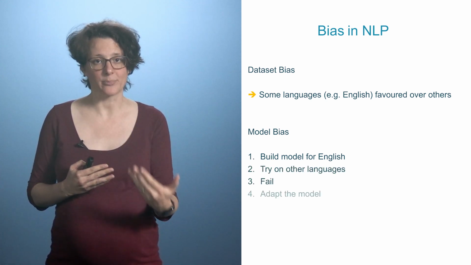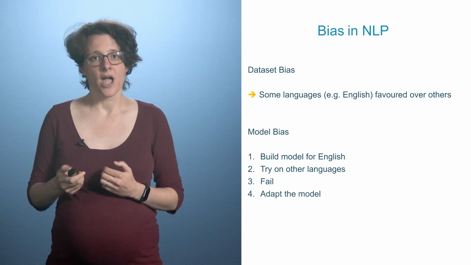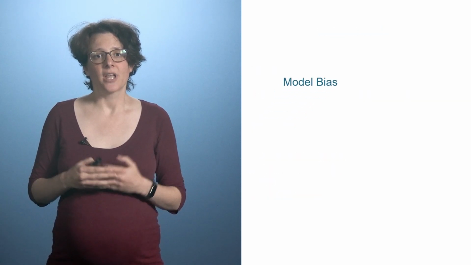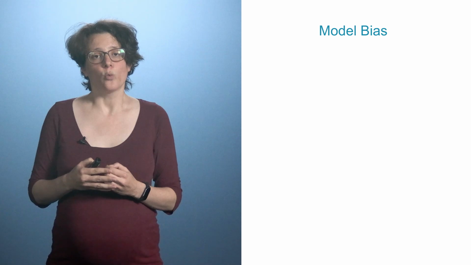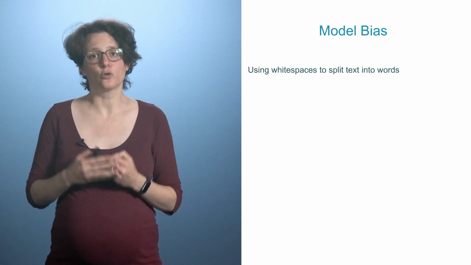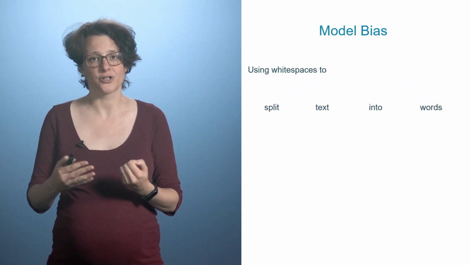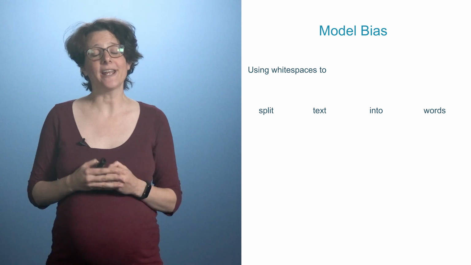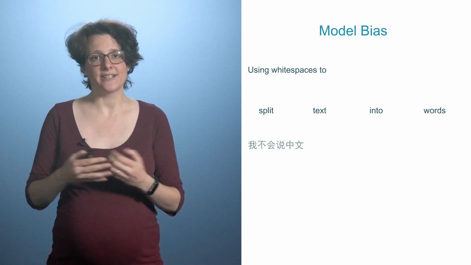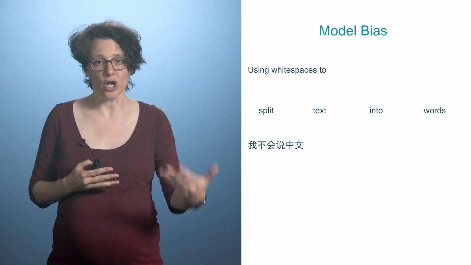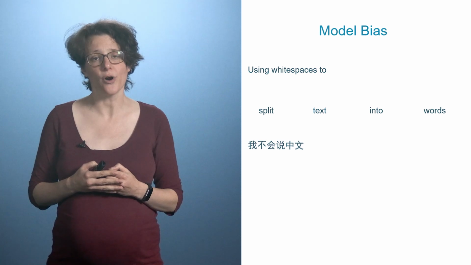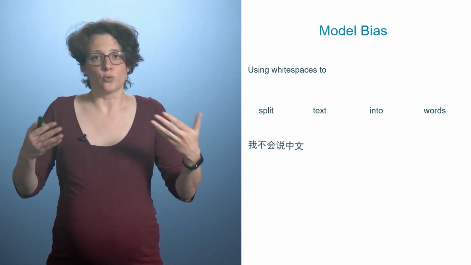And then we adapt this model. So for example, for a long time, we were using white spaces to split text into words. This works well for English, but if you see Chinese texts, and Chinese does not use white spaces to separate words, this tool does not work.